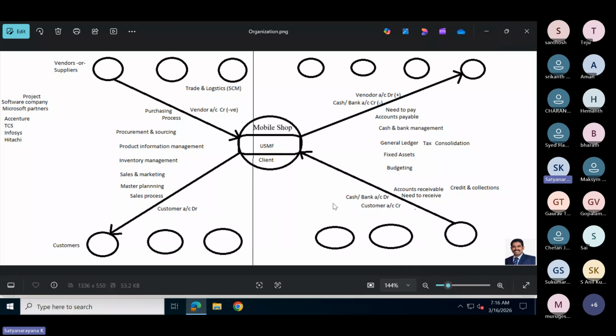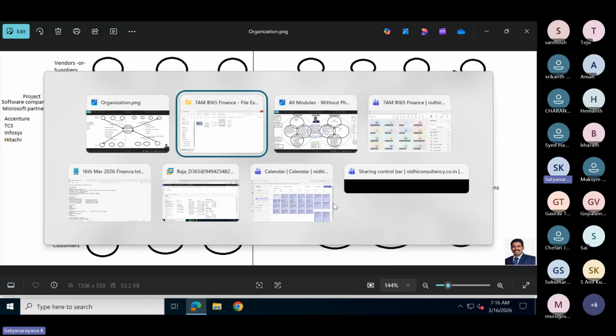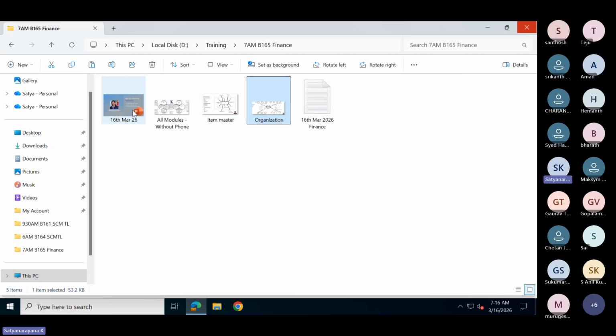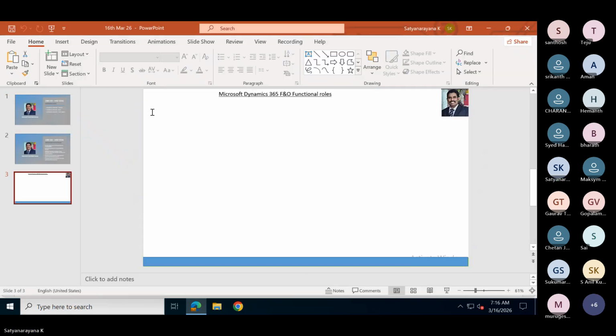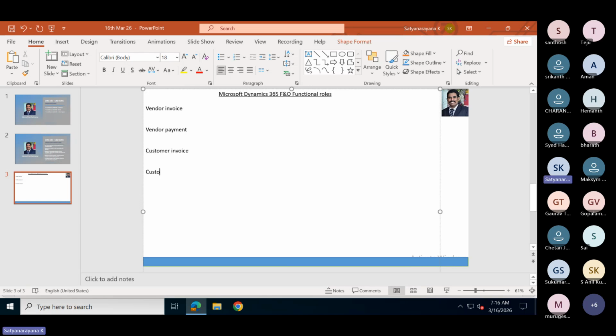So there are 4 transactions you are going to learn in this session: vendor invoice, vendor payment, customer invoice, customer payment. These 4 transactions you need to learn.